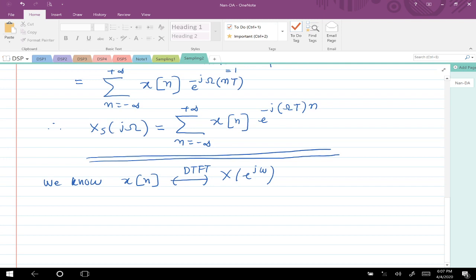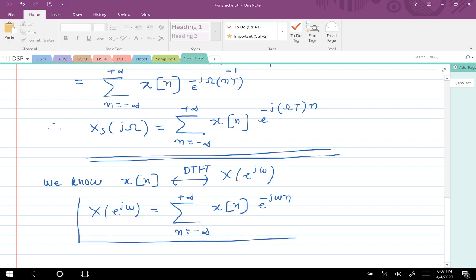Given x of n, I could write X of e power j omega as the summation of n varying from minus infinity to plus infinity of x of n into e power minus j omega n. This is just substituting using the definition of X of e power j omega.